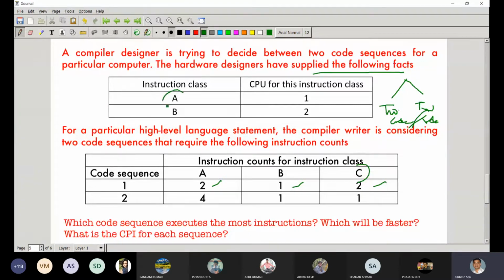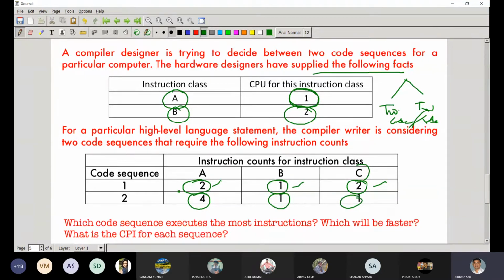The CPI for instruction class A is 1 and for class B is 2. Now for a particular high level statement, the compiler writer is considering two code sequences with the following instruction counts. Code sequence 1 has 2 A, 1 B and 2 C, and in code sequence 2 it is 4, 1, 1.